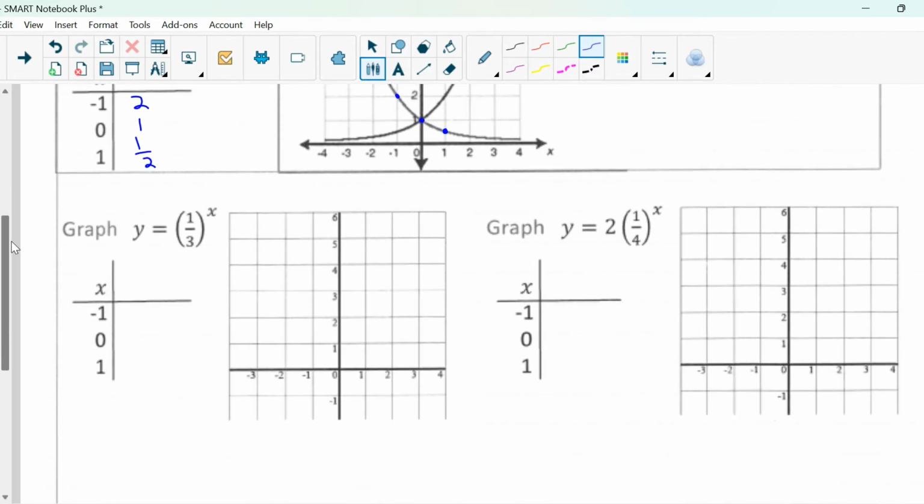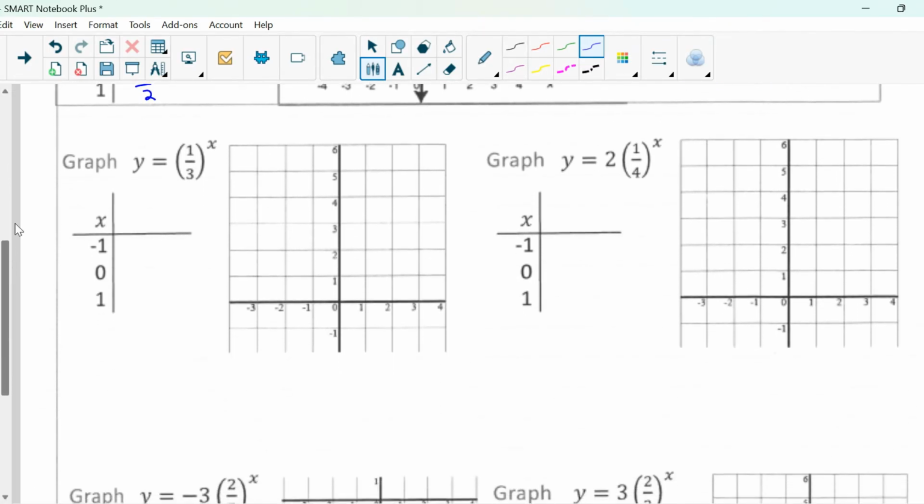Let's take a look at a couple of quick examples. If I took y equals 1/3 to the x power, and took this to the negative first power, I'm just going to take the reciprocal, which will give me 3. Anything to the 0 power is 1. Anything to the first power is itself.